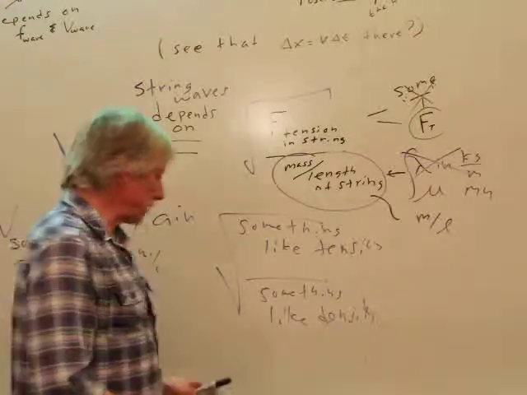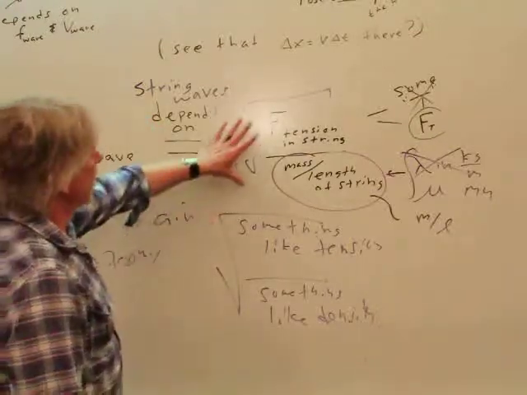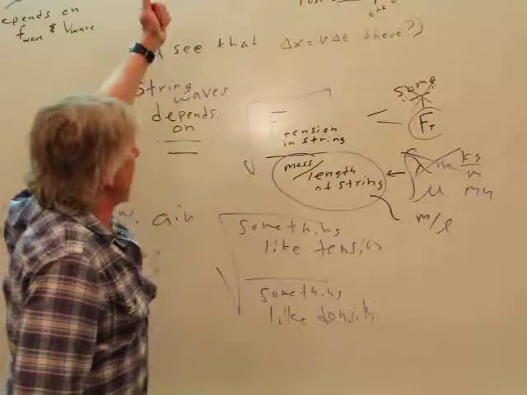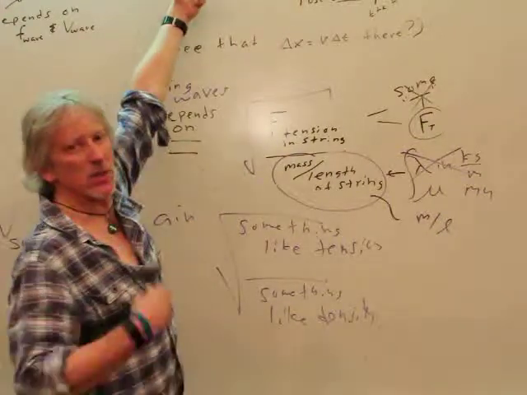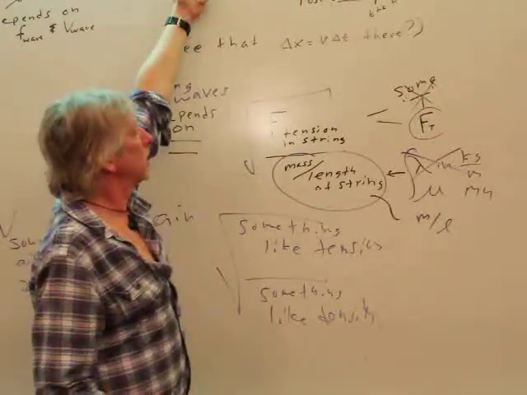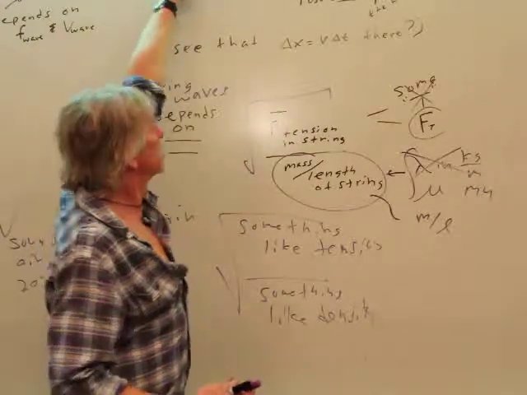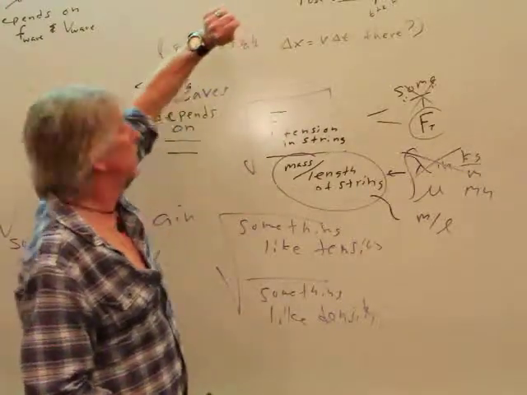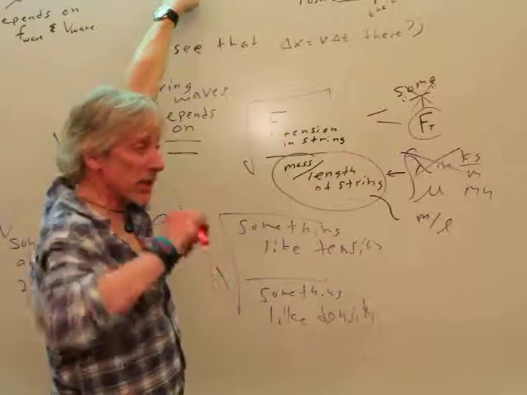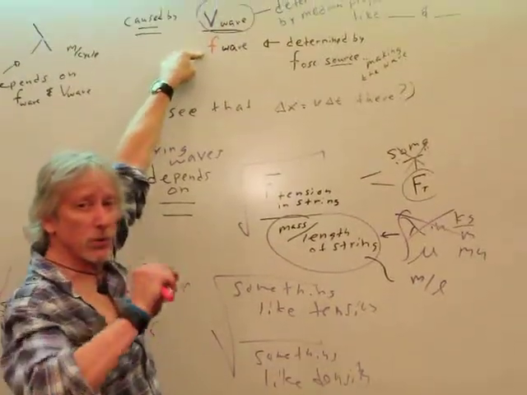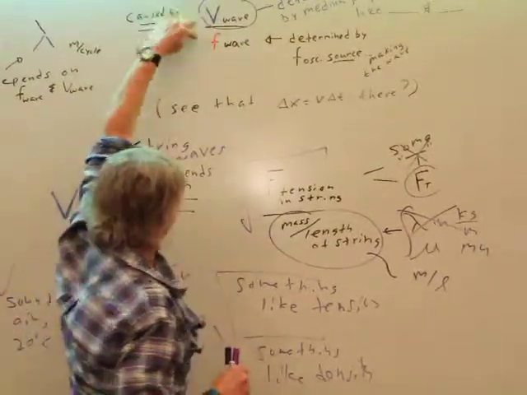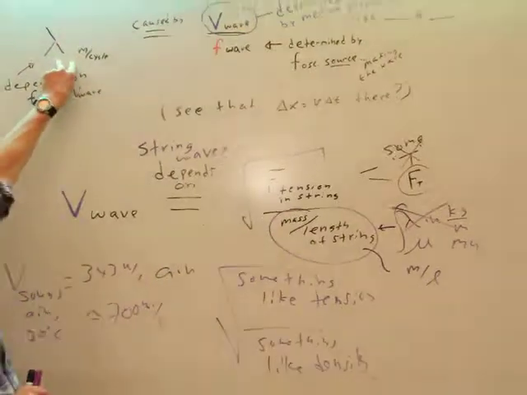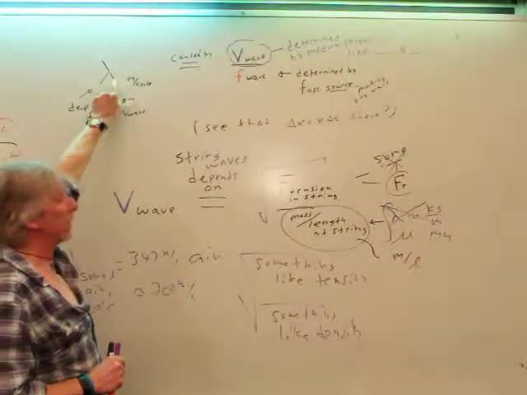Anyway, get the physics of it, and you realize then that the tension in a string and the mass per length determine the speed: more mass per length slower, more tension faster. Given one string, you can oscillate it at a high frequency or a low frequency. It's the combination that gives you the wavelength. Okay? You can't adjust this.